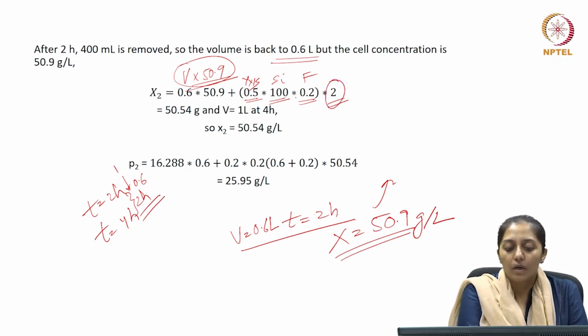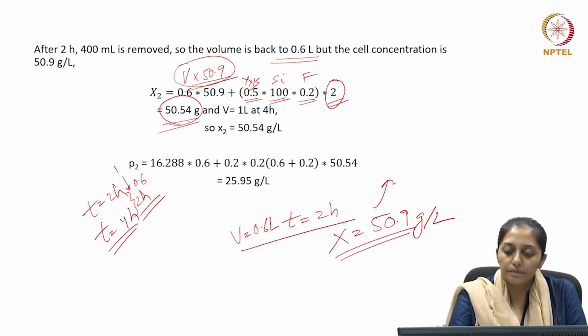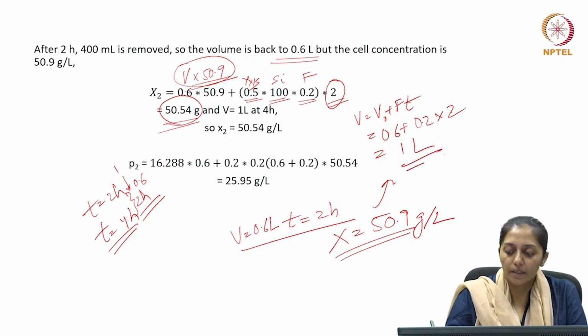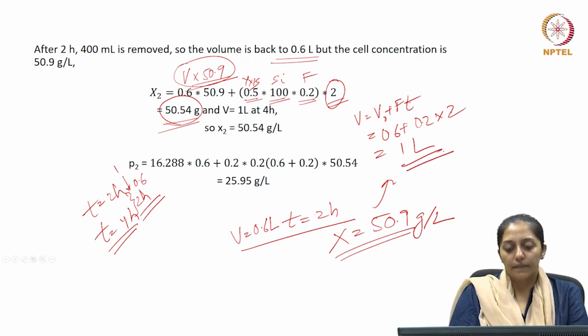We will come to know the amount of biomass which we can obtain at the end of the 4th hour, which is 50.54 grams. And V is V naught plus Ft. So, this was 0.6 plus 0.2 into time, which is 2 hours. So, this is again 1 liter after 2 hours of feeding.